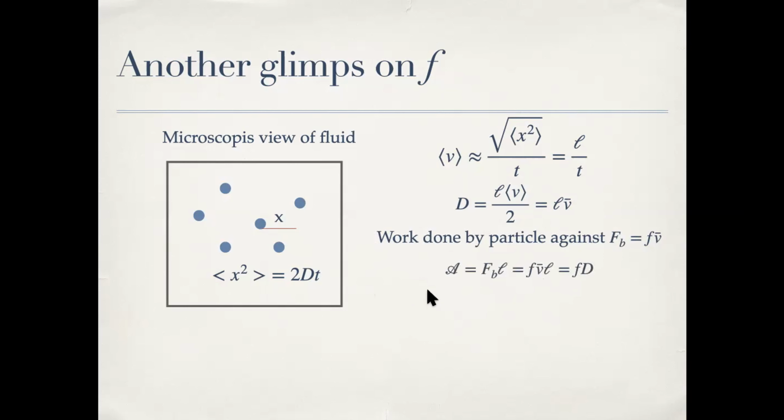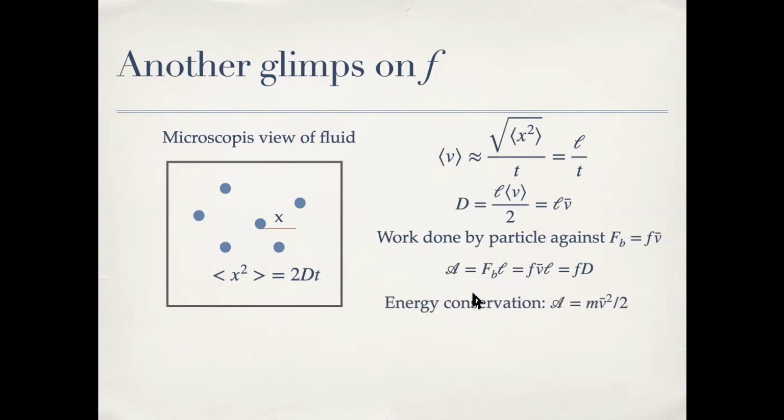Well, then I can calculate the work done by this force on a particle which moves the distance L. Work is a force times a distance, so the work is F V bar times L. So when I do this multiplication, I find out that this work is equal to F times the diffusion coefficient.